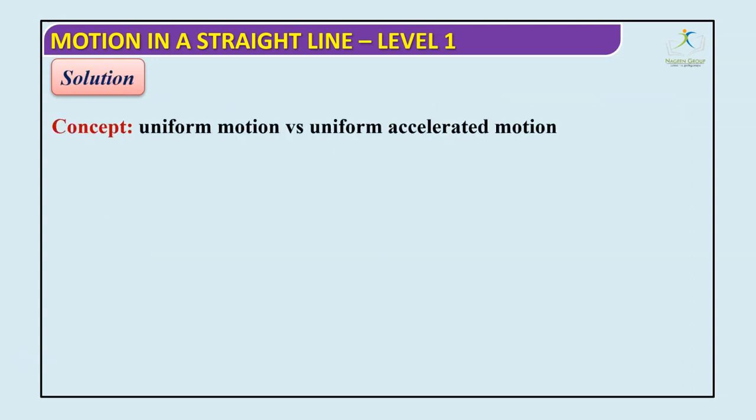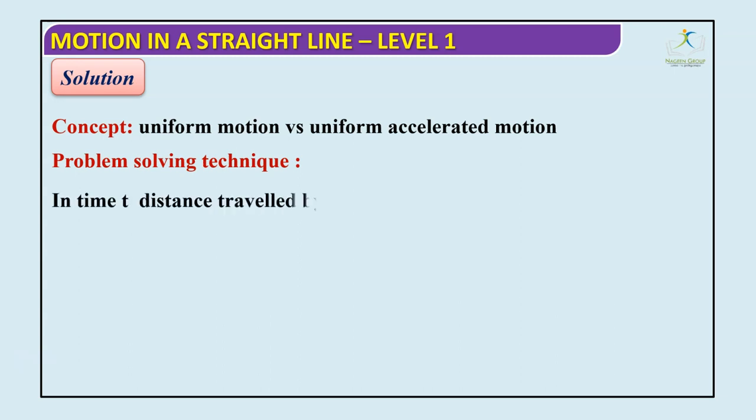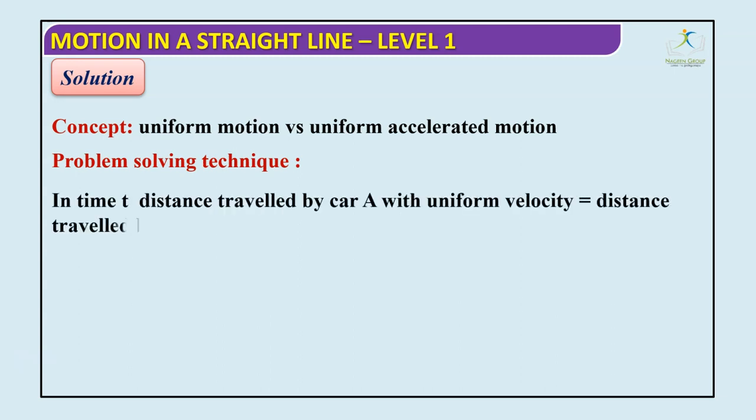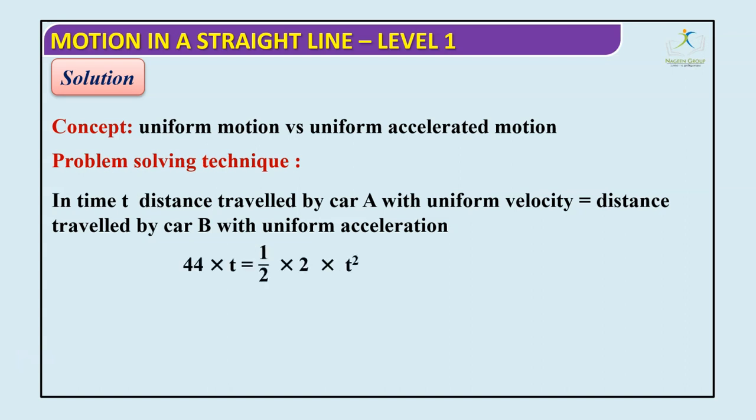The concept which we will apply here is uniform motion versus uniformly accelerated motion. So how to solve this question? Here we are using the problem solving technique. In time t, the distance traveled by car A with uniform velocity is equal to the distance traveled by car B with uniform acceleration.